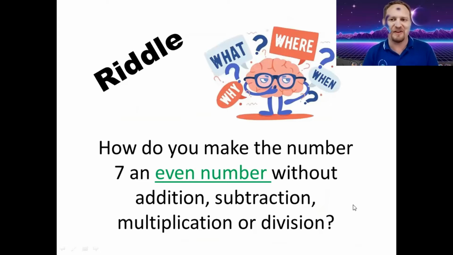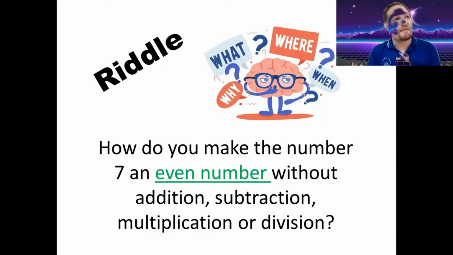Before we do that, though, let's give you a little brain teaser, or what we call a riddle. When you come back to school, you will notice that Teacher Johnny often likes to start the class off with a riddle to get your brain woken up, okay? So today's riddle is, how do you make the number 7 an even number without addition, subtraction, multiplication, or division?